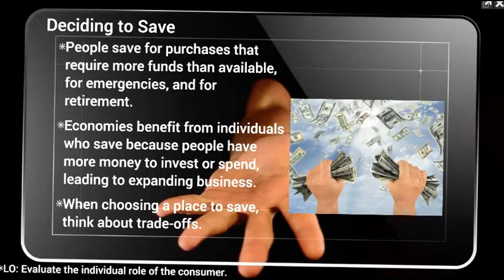Deciding to save. People save for purchases that require more funds than available, for emergencies, and for retirement. Economies benefit from individuals who save because people have more money to invest or spend, leading to expanding business. When choosing a place to save, think about trade-offs.